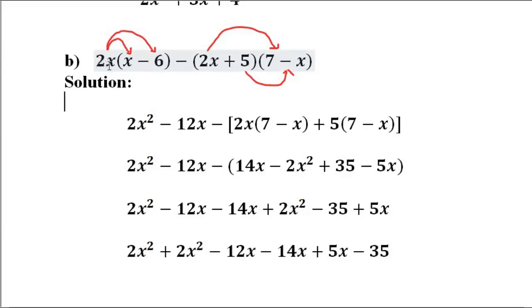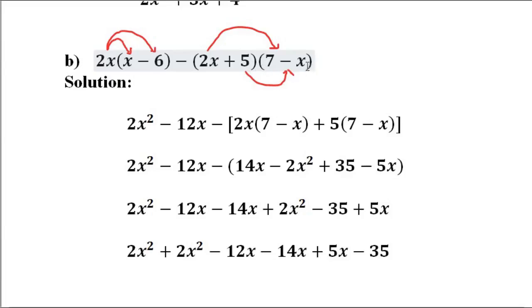So I'll take that positive 2x on the outside of the parentheses and distribute it to the positive x and to the negative 6. Next, I will multiply the expression in the second parentheses by each term in the first parentheses. Do not forget to include the square brackets for the expansion of positive 2x positive 5 and positive 7 negative x.